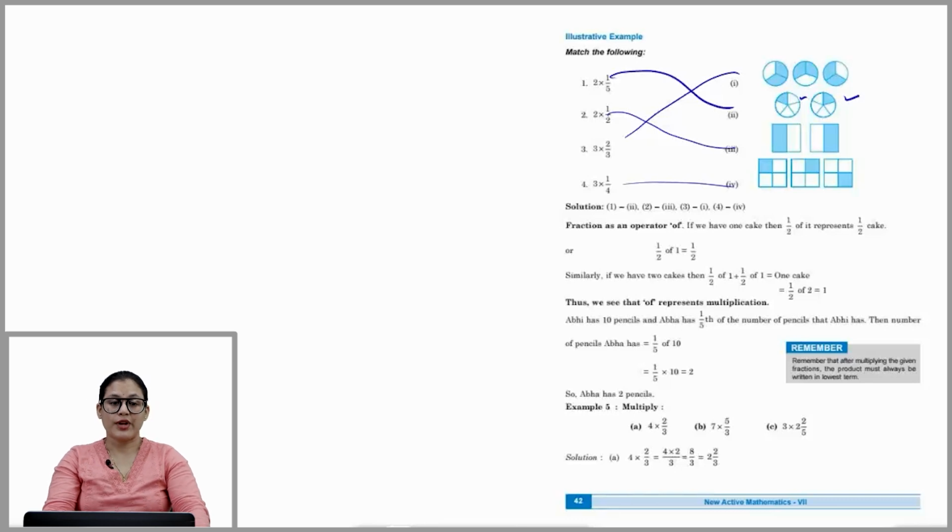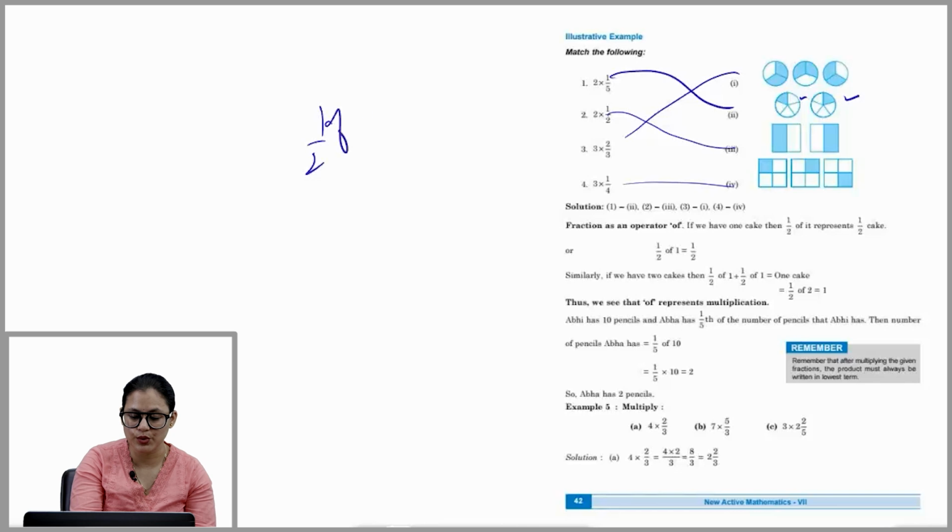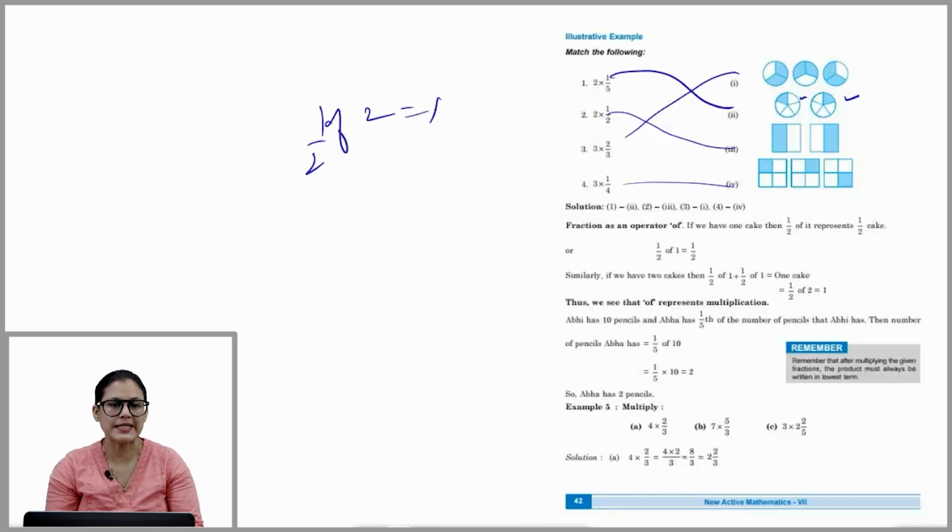So fraction as an operator of, we have one cake, then half of it represents half cake. Half of one is half. Similarly, if we have 2 cakes, then half of 1 plus half of 1 is equal to 1 cake. Means half of 2 is equal to 1. Thus we see that of represents what? Multiplication.